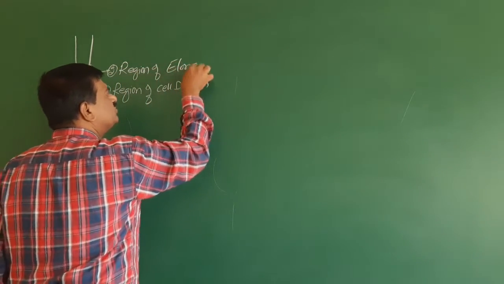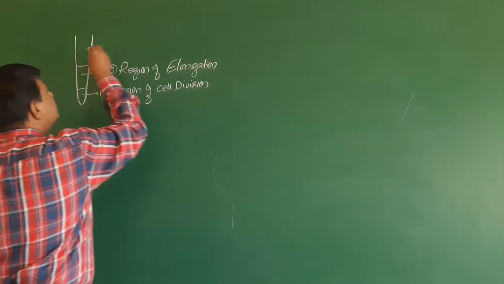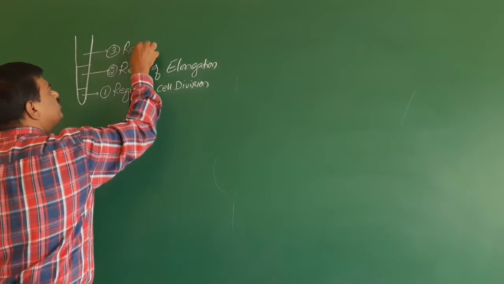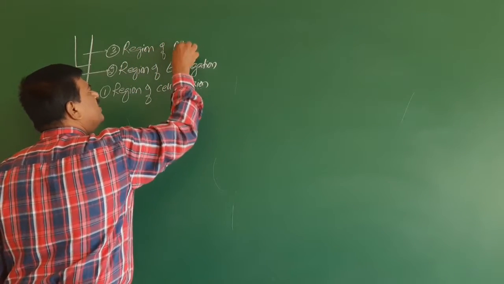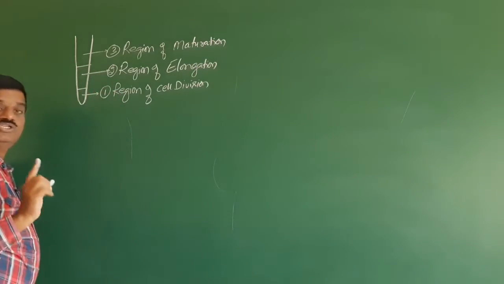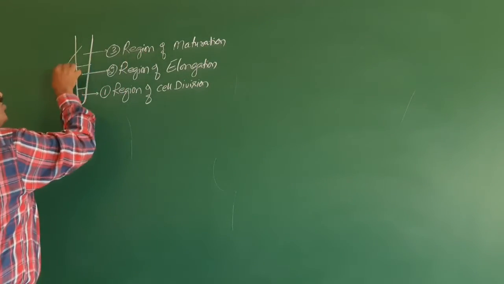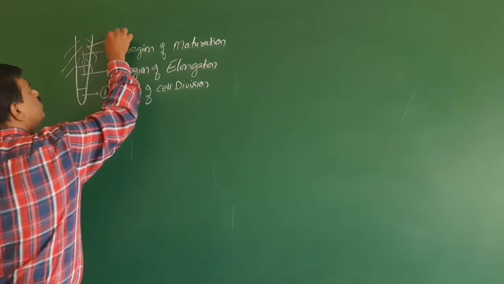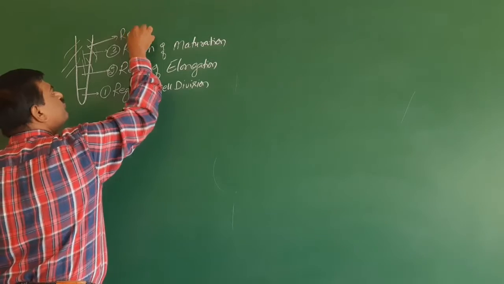The third one is the zone of maturation or region of maturation. But here you should notice that from the region of maturation, root hairs are present. Root hair region.